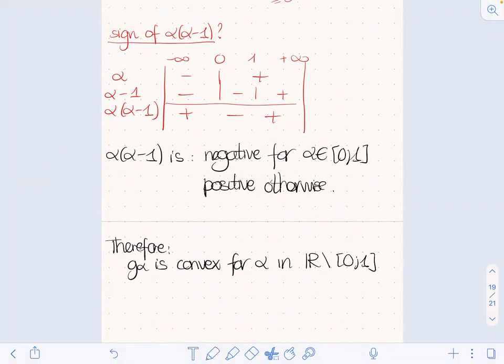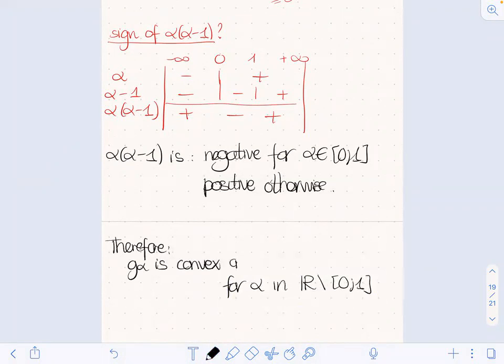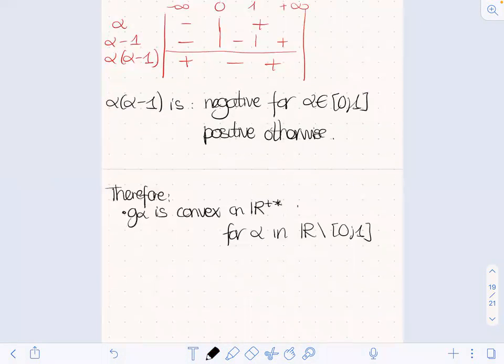Maybe I should even say convex on R plus star rather. Okay, and it will be concave on R plus star for alpha in 0, 1.